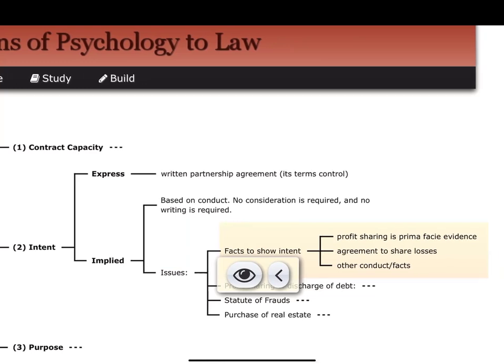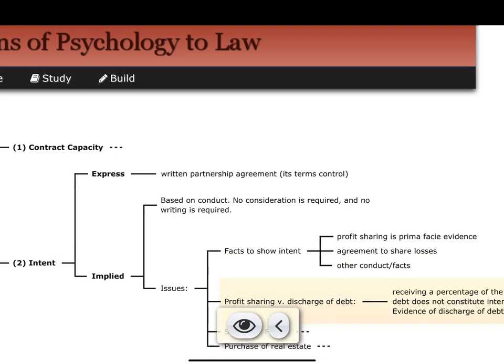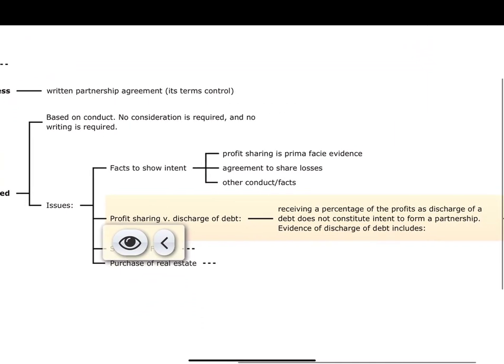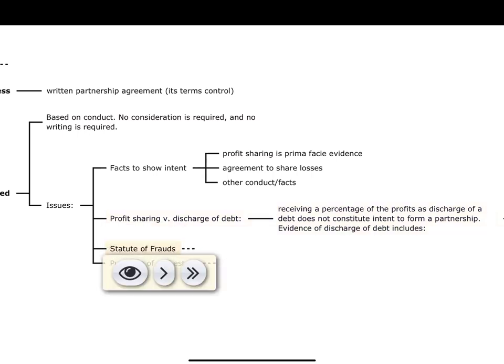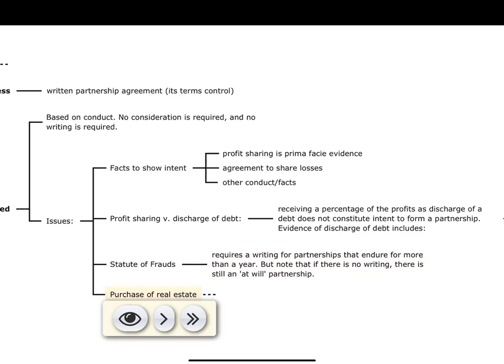The facts to show intent include profit sharing, agreement to share losses, and other kinds of conduct and facts. Profit sharing is prima facie evidence of a partnership, but notice here that profit sharing, if it's for discharge of debt, is not evidence of a partnership. So if they give us profit sharing, we have to decide whether it's pure profit sharing or whether it really is discharge of a debt.